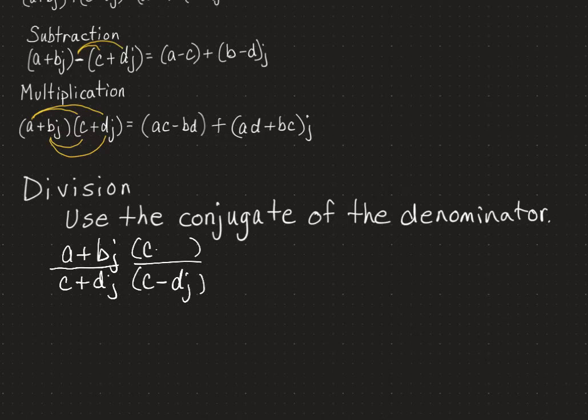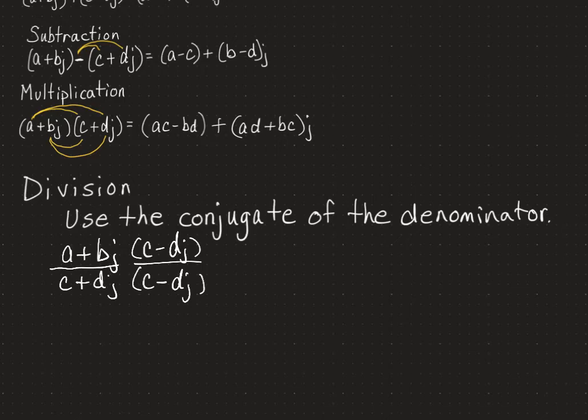Remember, to express the conjugate of a complex number, always make sure you have it in order with the real number first, followed by the imaginary number. And then you change the sign of the imaginary number, and you have the conjugate.